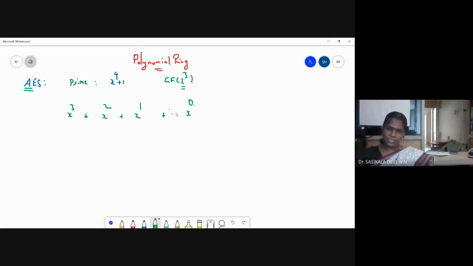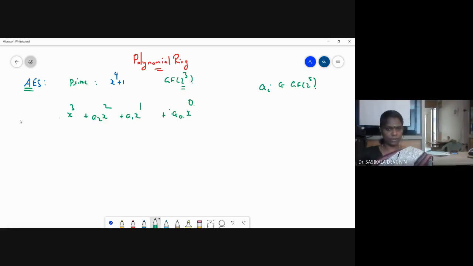So coefficient addition, coefficient subtraction, everything is based on GF of 2 power 8 arithmetic. Let's represent the coefficients like this. If A0 is a coefficient, A0 is nothing but an element of GF of 2 power 8. Generalizing, A1, A2, A3, everything is a coefficient in GF of 2 power 8, and the term is A3 into x power 3.